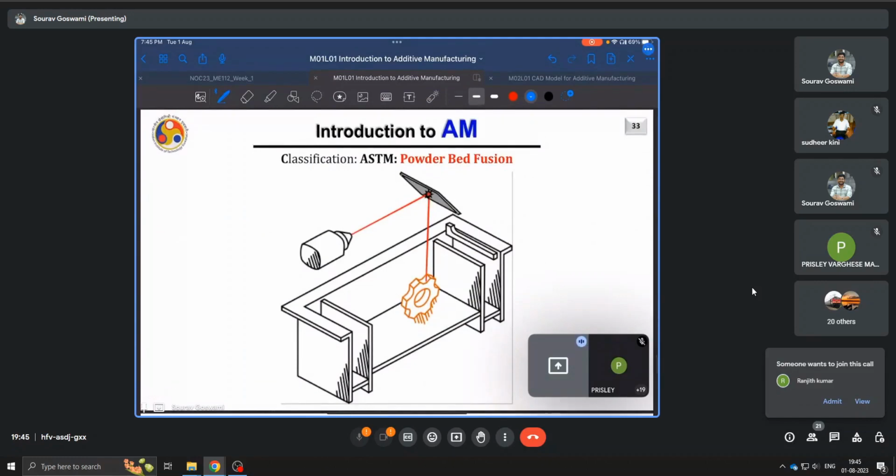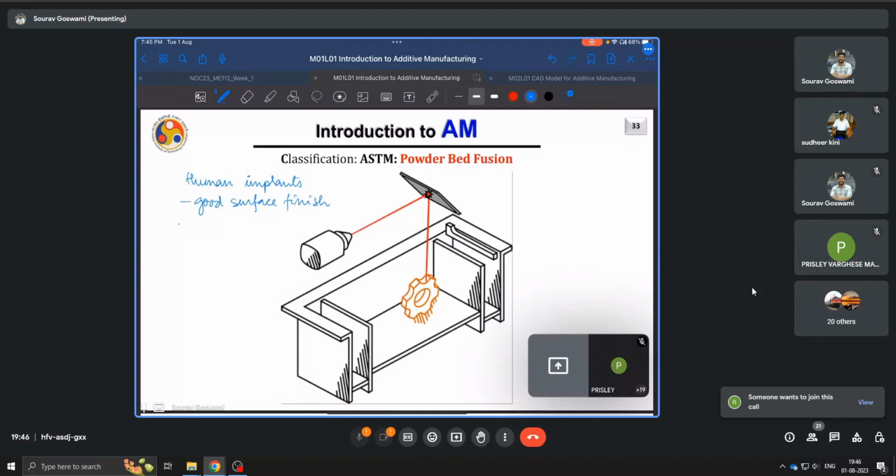Powder bed fusion is perhaps most widely used, I will say exclusively used, for human implants. You have good surface finish, good dimensional control or accuracy.